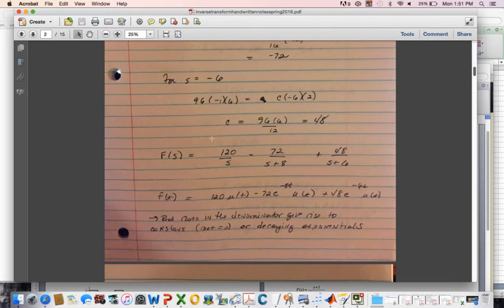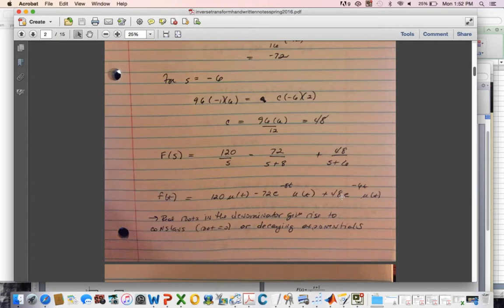If your root is equal to 0, then you get this 120 u of t, which is basically a constant. If your root is equal to a real number, then you'll get a time decaying exponential. So you've got these two terms.